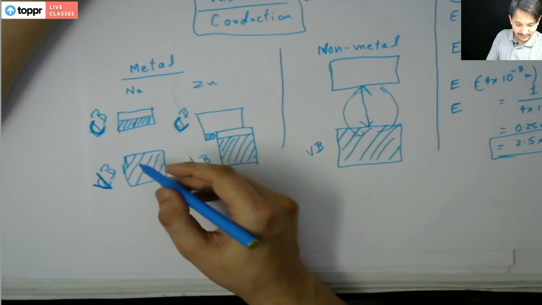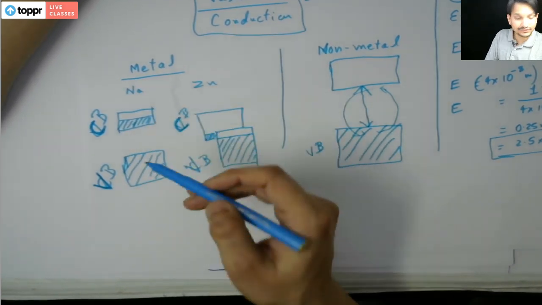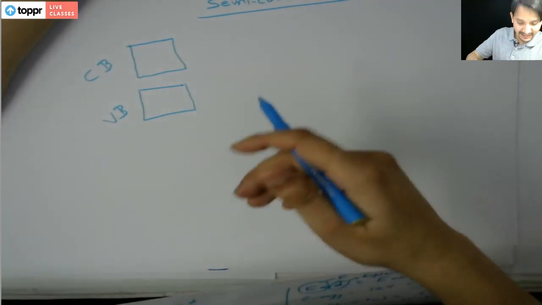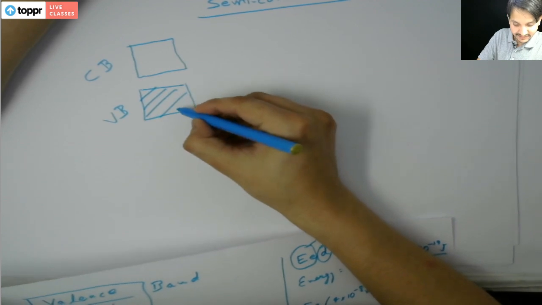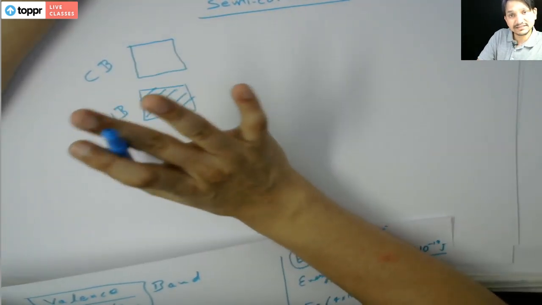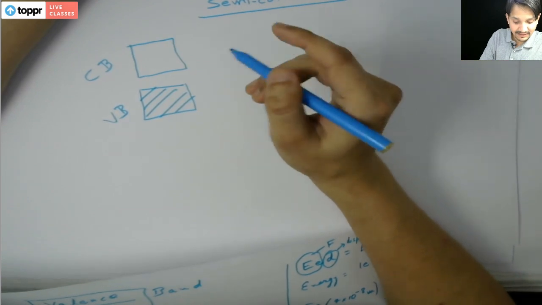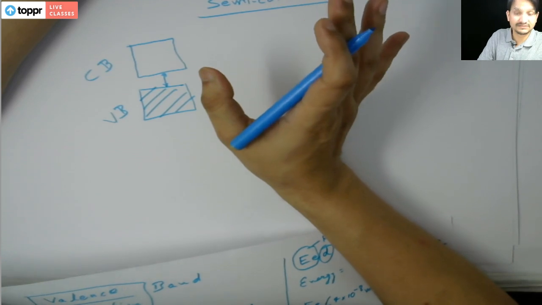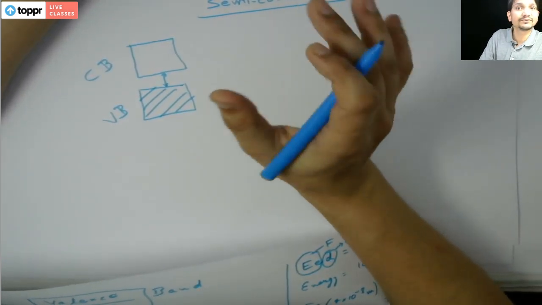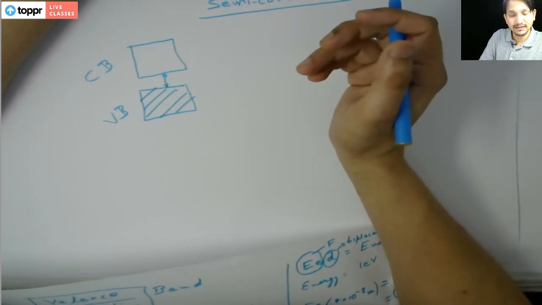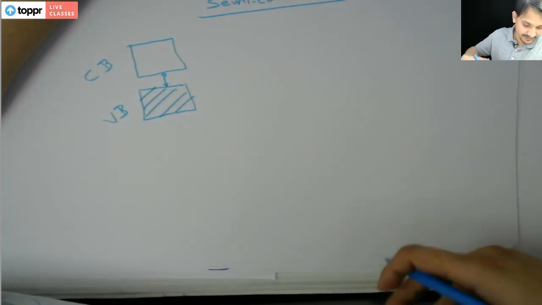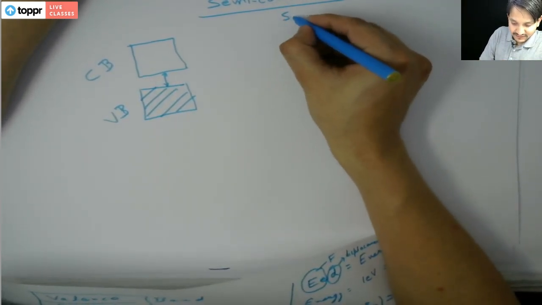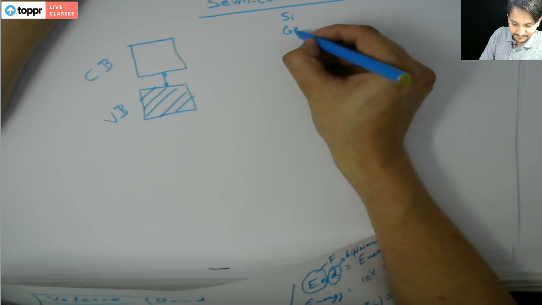They are not half filled like in sodium type metals. You can say that the valence band is filled and stable, the conduction band is completely empty, but the energy difference is quite high as compared to metals, but quite low as compared to non-metals or insulators. So these are semiconductors. Examples of semiconductors are silicon and germanium.